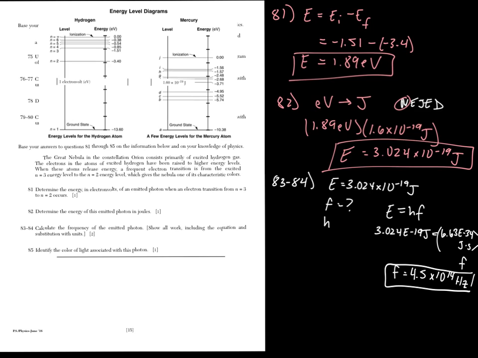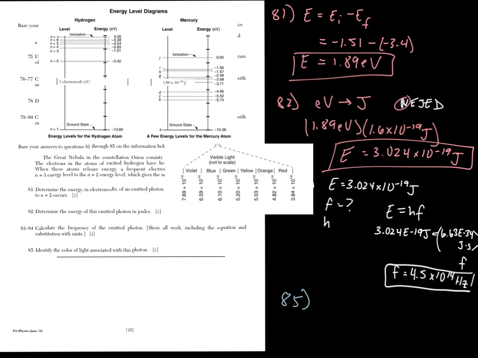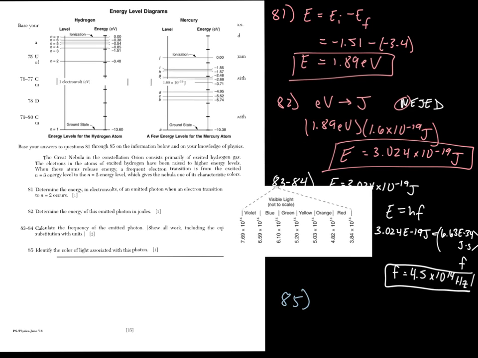That's our answer. And then we have to identify the color light associated with this photon as our final question, which means we're going to need something from the reference table. Okay, let's pull it up in a bit. So I'm going to pull up this section from the reference table.